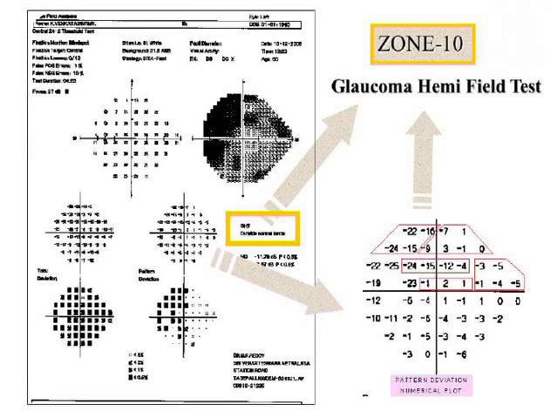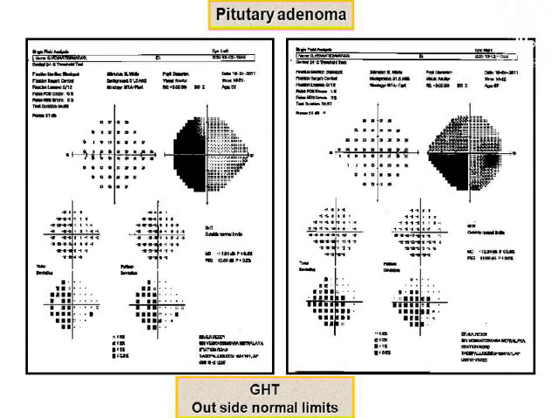The change in retinal sensitivity on either side is compared, and we know in glaucoma, the retinal sensitivity on either side of the horizontal axis differs. On that basis, the glaucoma hemifield test was developed. So a positive glaucoma hemifield test only indicates that the retinal sensitivity on either side of the horizontal axis differs.